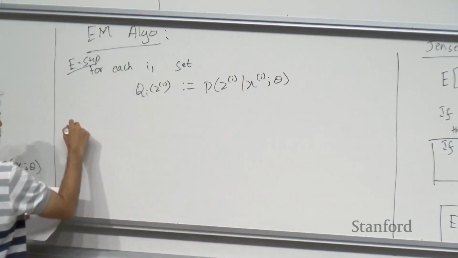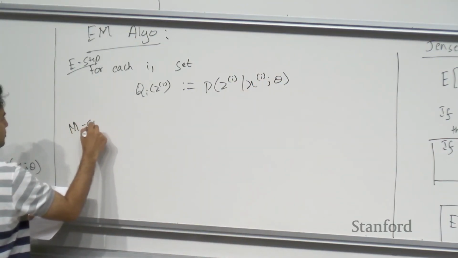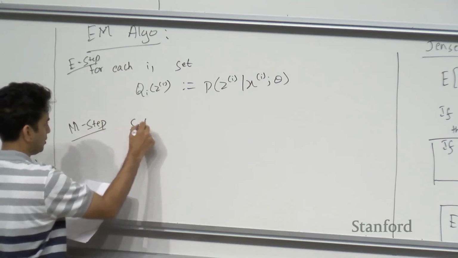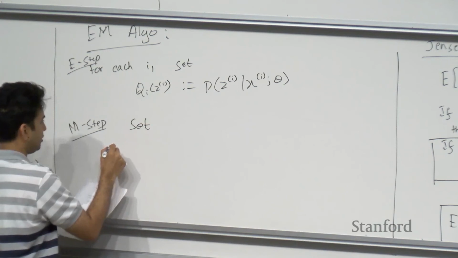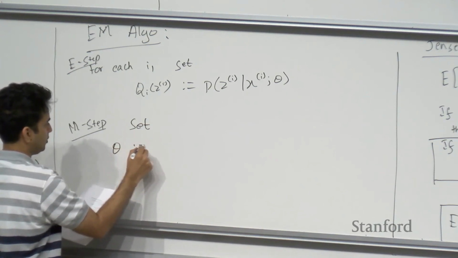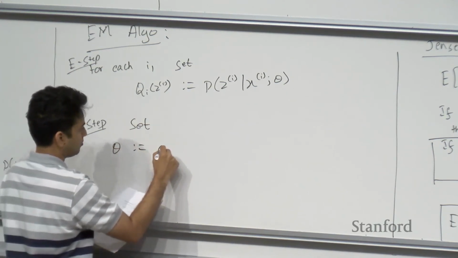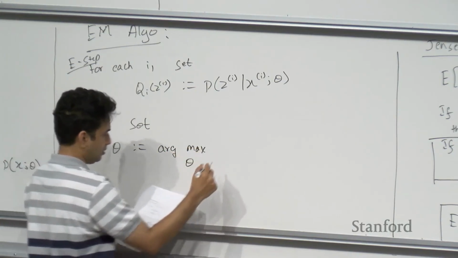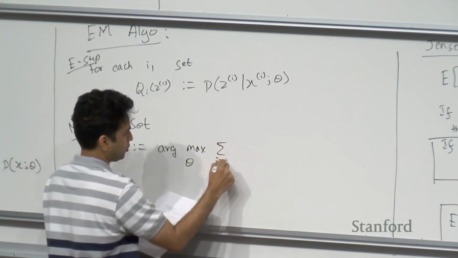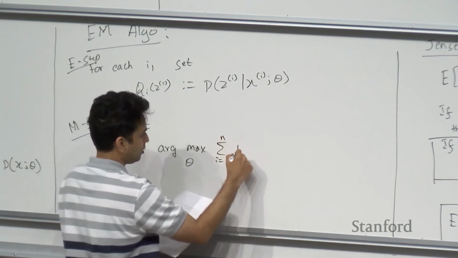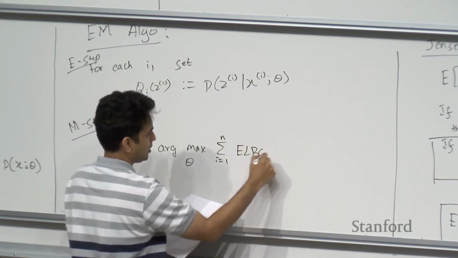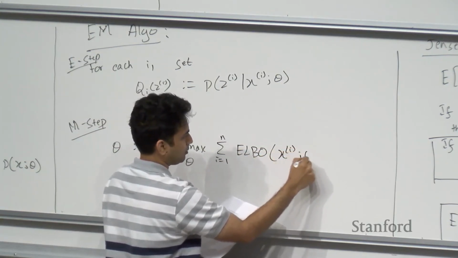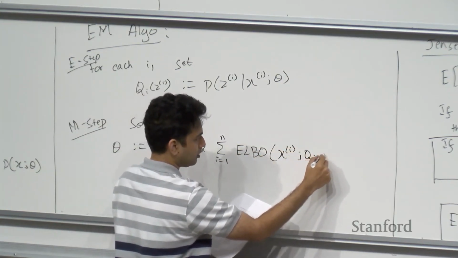And the M step: set theta equal to argmax over theta of the sum from i equals 1 to n of ELBO of x_i, Q_i, comma theta.